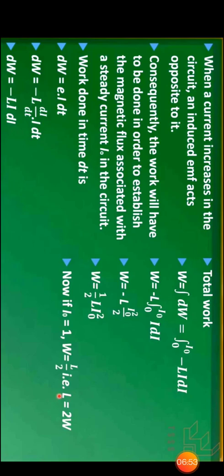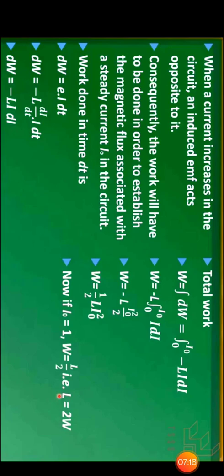Therefore W is equal to minus L, the self-inductance, which is constant and comes outside the integration, times the integration from 0 to I0 of I di. Therefore the work done W is equal to minus L I0 square upon 2.